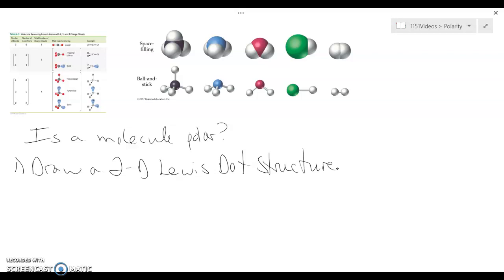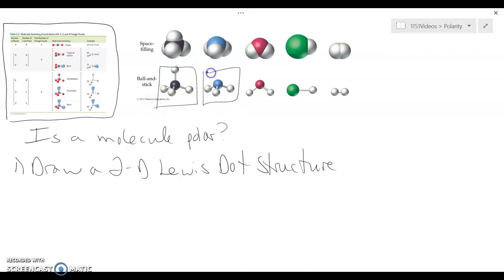Now, one of the things I want to mention is the next step. This is the geometries that the McMurray textbook uses. There are more than these. There's an image in your book that also shows the ball and stick format for some of the geometries.